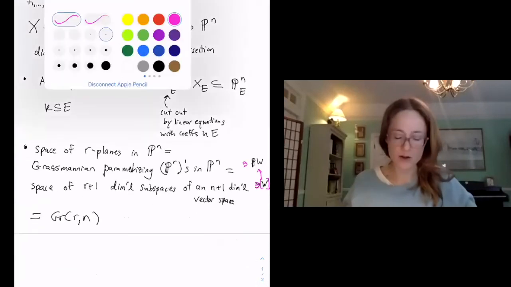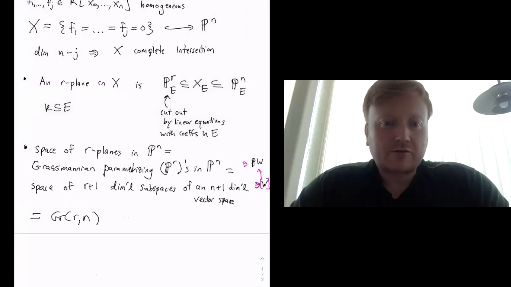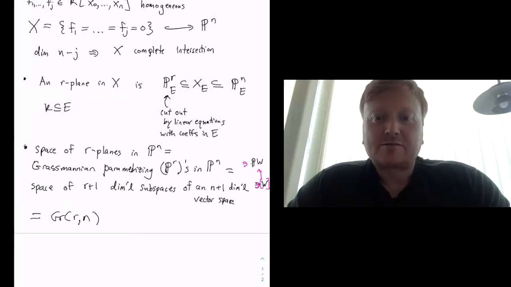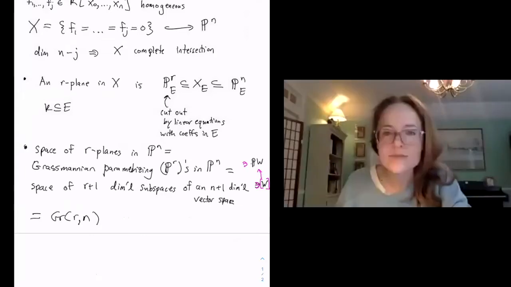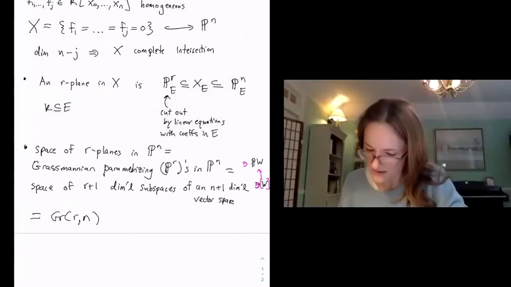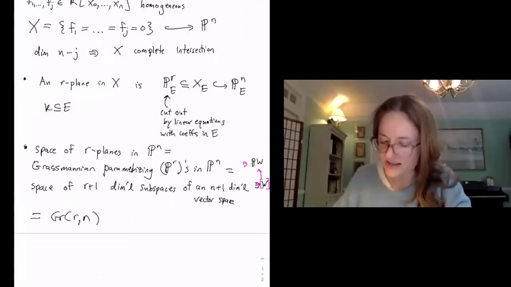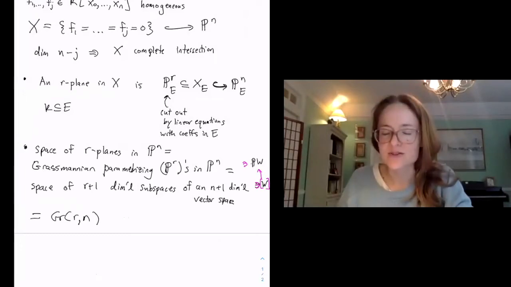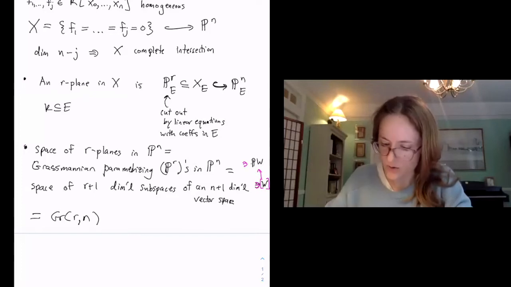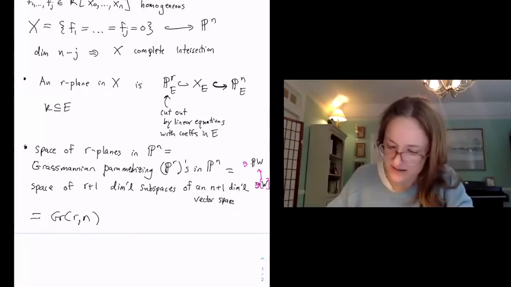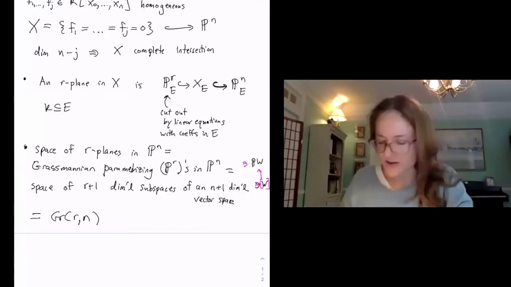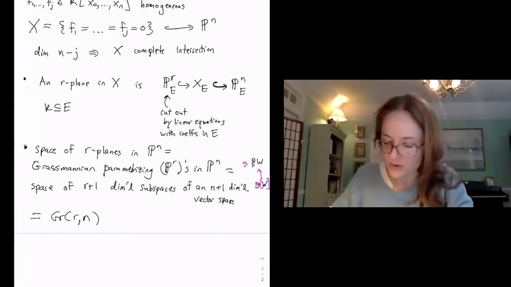Excuse me, there's a question for you in the chat. Haynes says it's just a closed subscheme. I guess in principle we could have X be a linear subspace, and then maybe it would be equal.